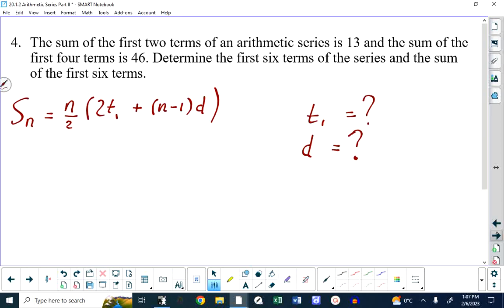These are missing parameters. And I honestly don't expect anybody to remember, because I've only talked about it once or twice. But I guarantee if I ask this question to my Math 30s or to you at the end of the semester, you will all know. How do you find missing parameters?